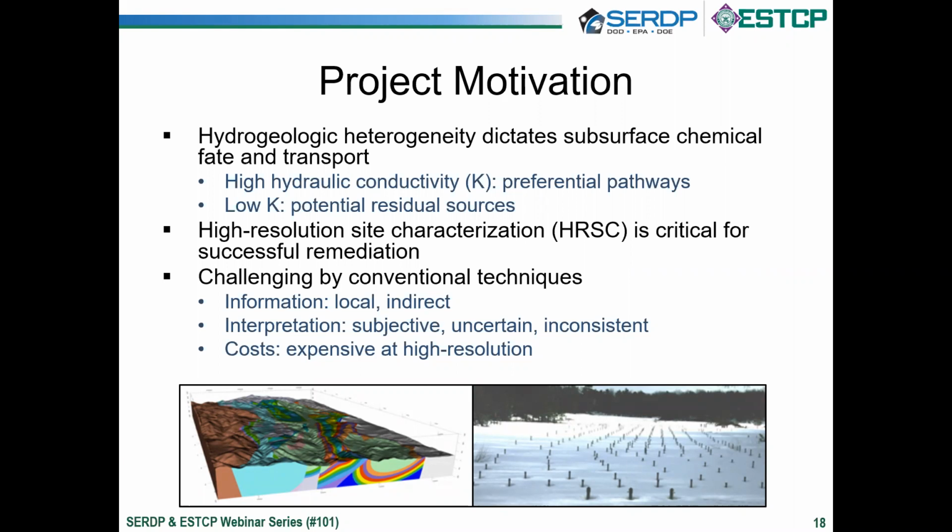Still, it gives you hydraulic conductivity information maybe within 1 or 2 orders of magnitude. And a lot of times, geologists have to make interpretations between borings, between well logs. And sometimes if the distances are far apart, the interpretation could be subjective and uncertain. Sometimes it could be inconsistent information.